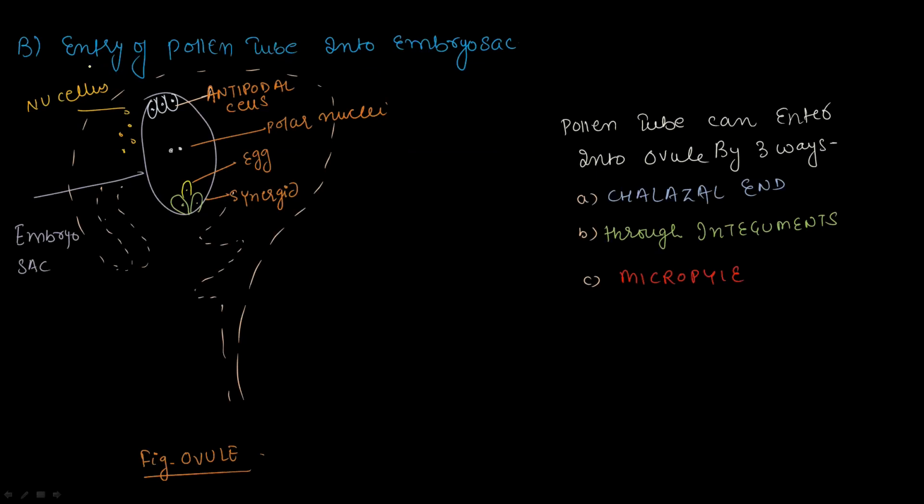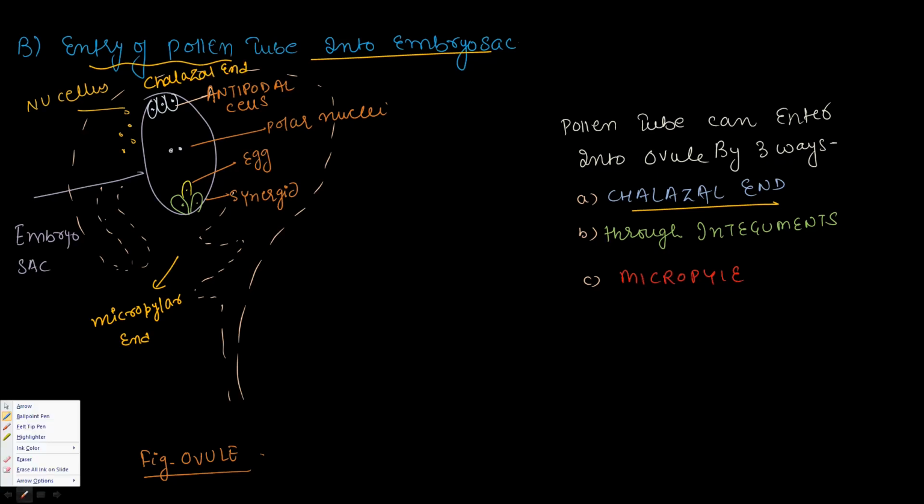Fine. Then the second point, that is the entry of the pollen tube into the embryo sac. The entry of the pollen tube into the embryo sac can be done in 3 ways. The first is through the chalazal end. So here, if this is your micropylar end, this is the image of the ovule, and this is your chalazal end.